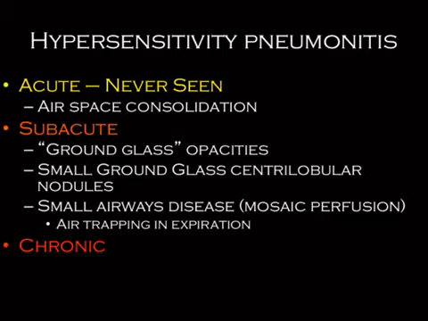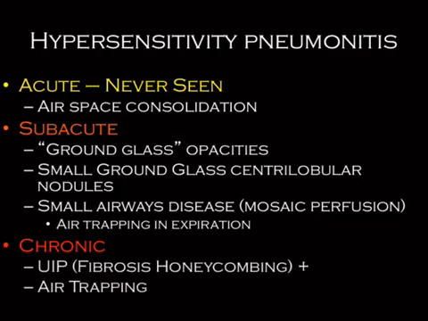Now, notice I didn't call it air trapping. What it is actually is air trapping, but you would have to have an expiratory phase to prove that. Now, the chronic hypersensitivity pneumonitis is sometimes called the head cheese sign just because it looks like a whole bunch of different things mixed up together. And the way to remember it is basically you still have air trapping, which is going to look like a mosaic attenuation pattern.